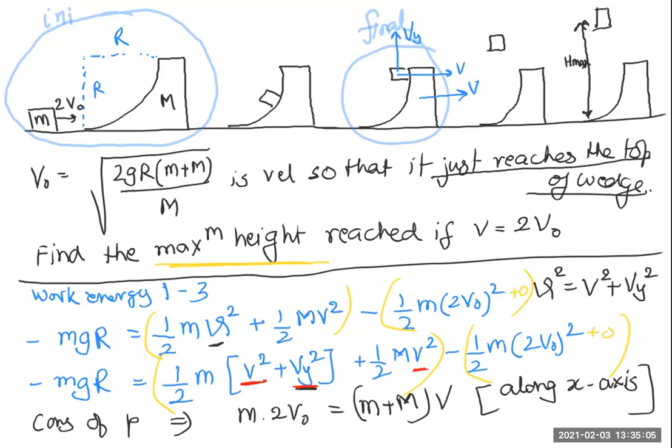Therefore, you will find that this equation is the same for the previous question as well as this question. What is the difference between the previous question and this question? Well, in the previous question, when the block reached the topmost point, its vertical velocity was 0.